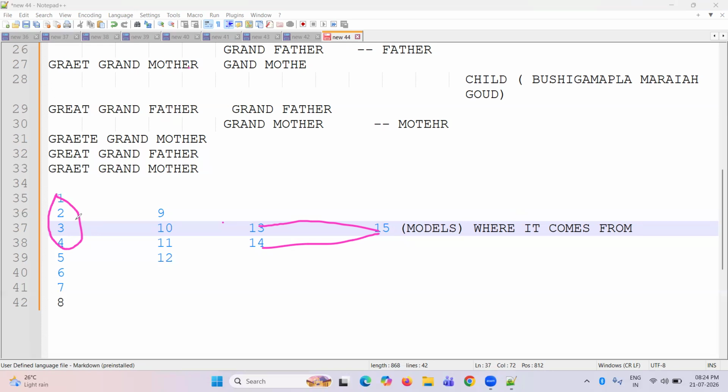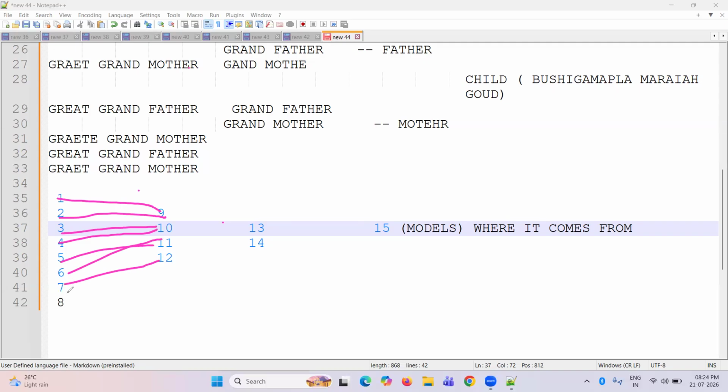I'm joining one and two and writing the ninth model, three and four the 10th model, five and six the 11th model, and seven and eight the 12th model.